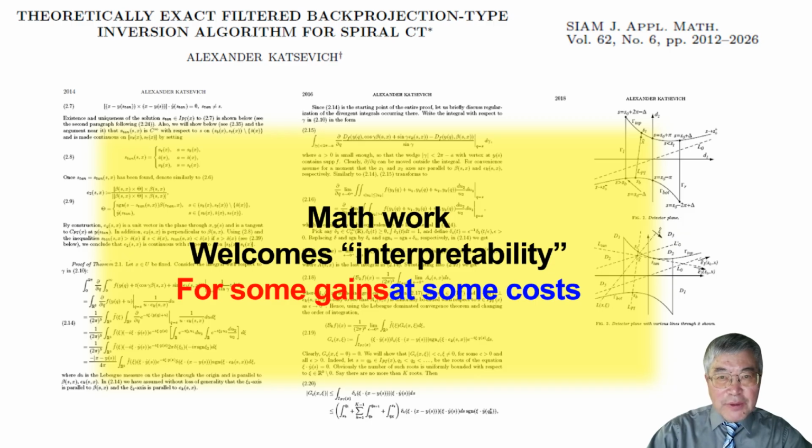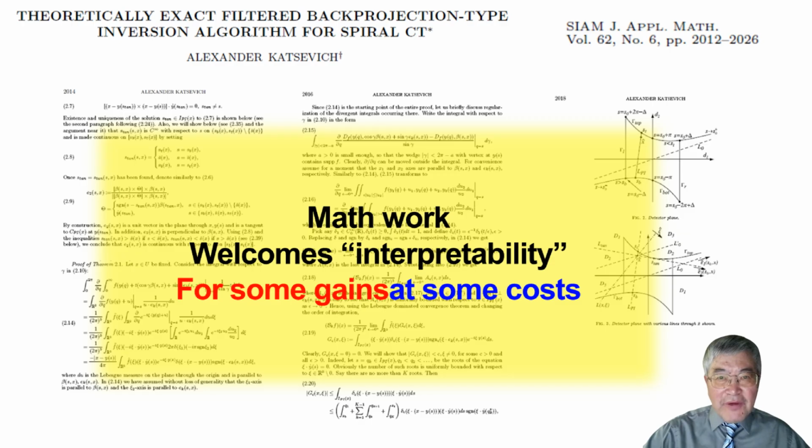That algorithm was approximate, but it was important because it demonstrated how cone beam spiral data could be reconstructed in a practical way.